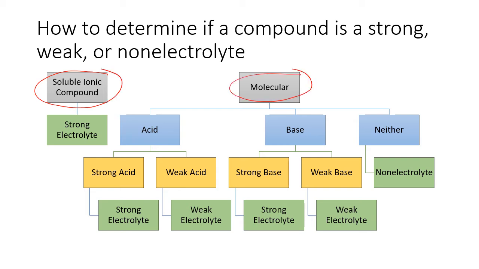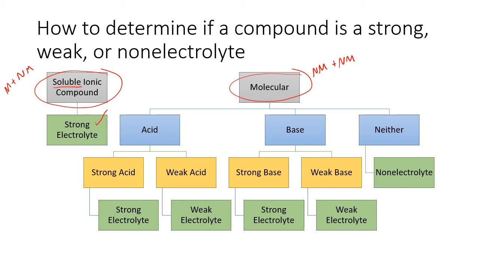Recall that ionic compounds are composed of a metal plus a nonmetal, whereas molecular compounds are nonmetals combined with other nonmetals. We learned the solubility rules for ionic compounds last year. If a compound is ionic and soluble, meaning it will dissolve, it's going to be a strong electrolyte.